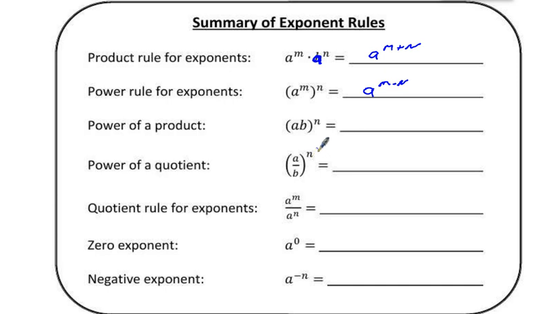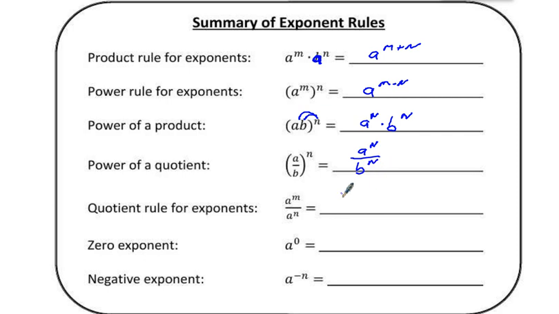Power of a product, we raise every factor inside the parentheses to the exponent. So a to the n times b to the n. Power of a quotient, a to the n divided by b to the n.